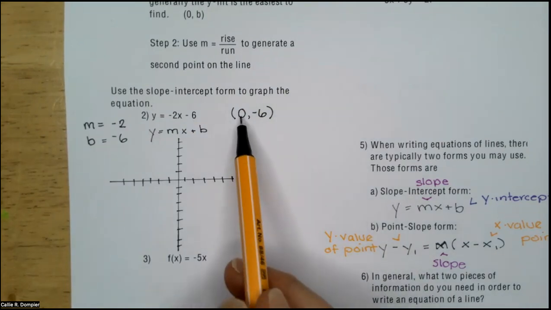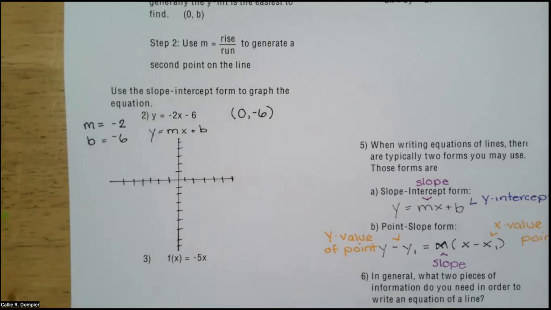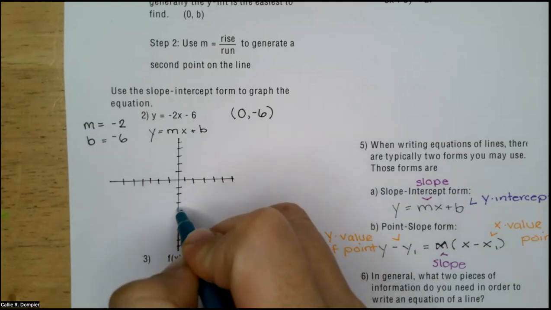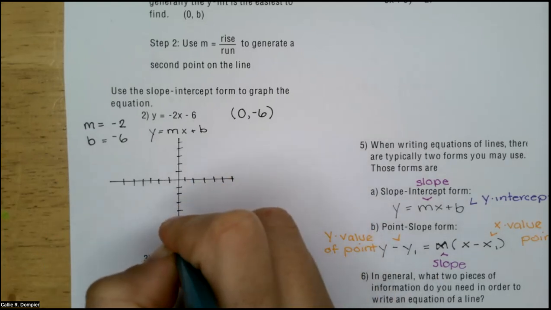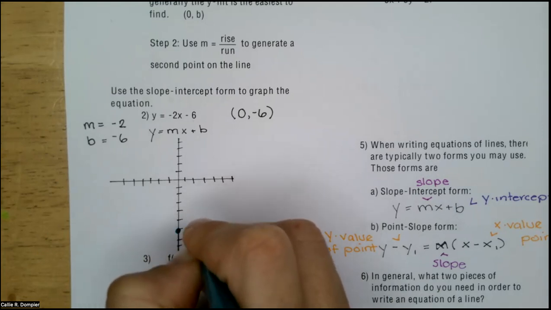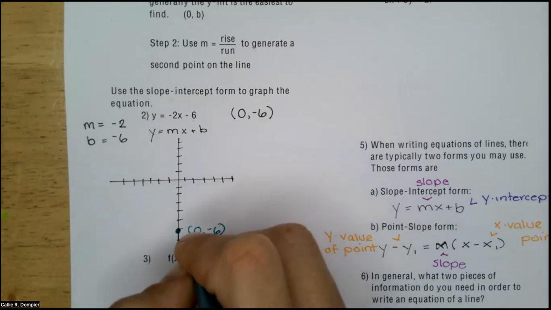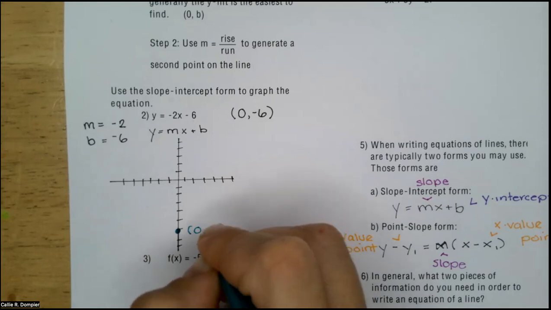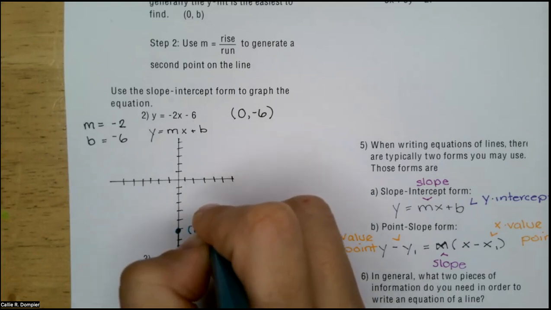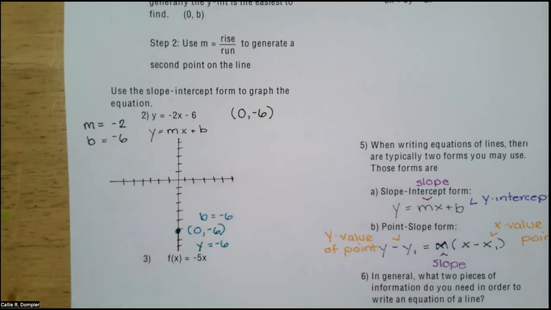Okay, remember, we're starting with 0, -6. That means we're going 0 on the x-axis, -6 on the y-axis. Right here. That's your point. 0, -6, or y equals -6, or you can even say b equals -6, right? Because b is our y-intercept.